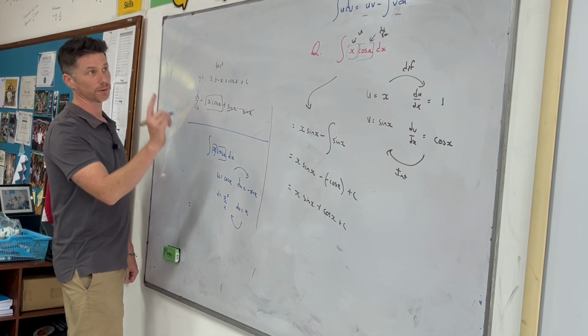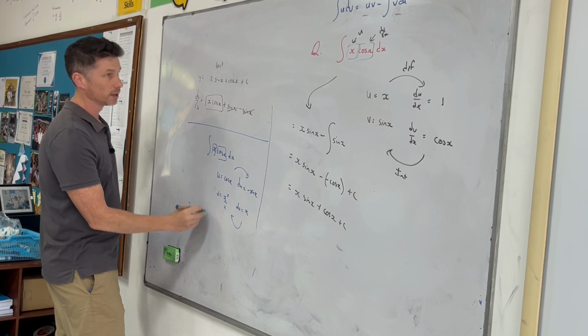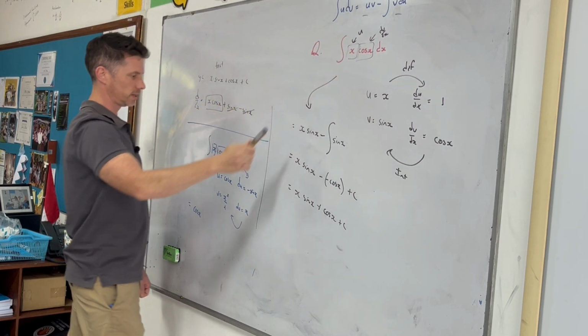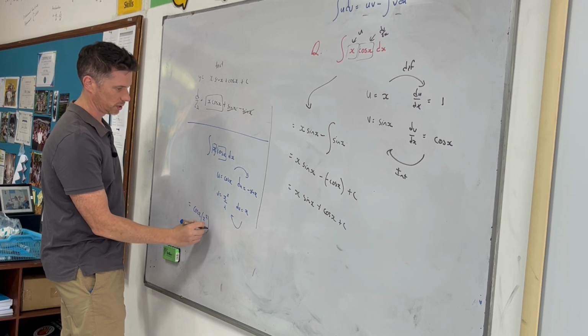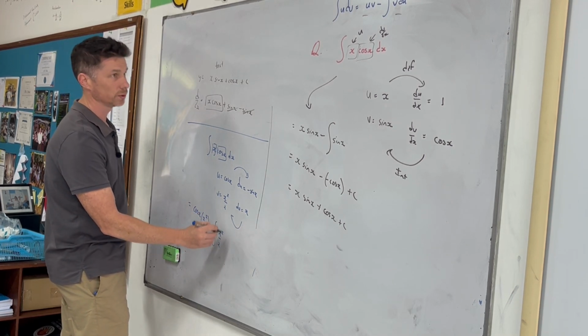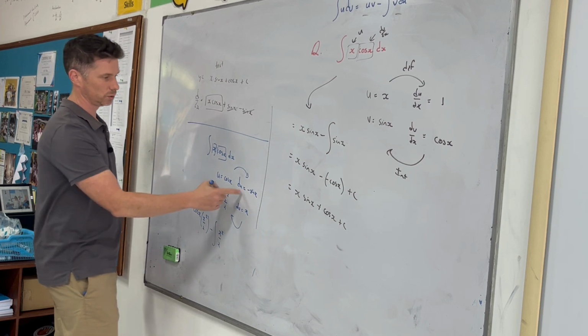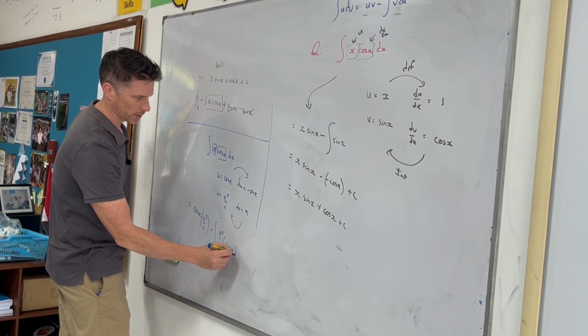So we need to fill in our formula. u first, so that's cosine x. v next, that's times x squared over 2, minus the integral of v, which is x squared over 2, times the du one, which is minus sine x. So I've got a minus sine x here.